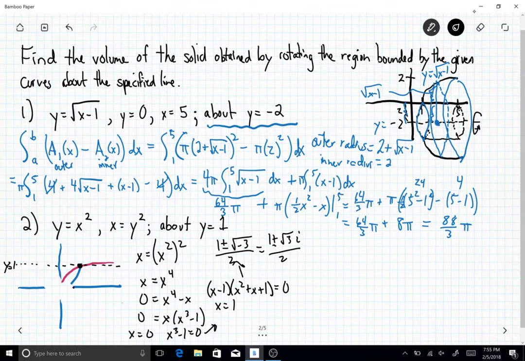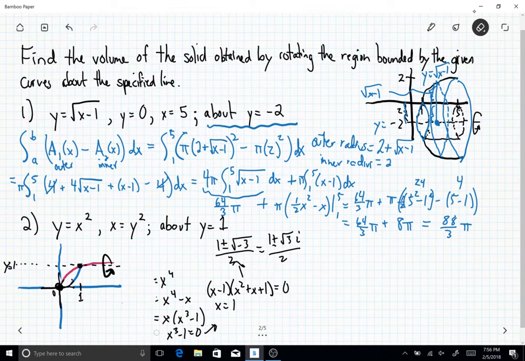So you have that and that. And so notice this is similar to the others. We're always dealing with x here, since we're revolving around something that looks and behaves like x. The tricky part will be how we mess with these curves and setting that up. So notice our bounds of integration, we have 0 and we have 1 are going to be the things that we're working with in terms of x. But it's a little bit more interesting in terms of what equations we use here.